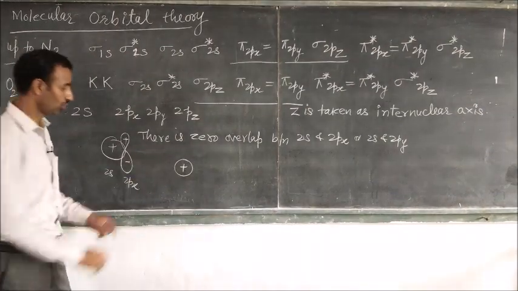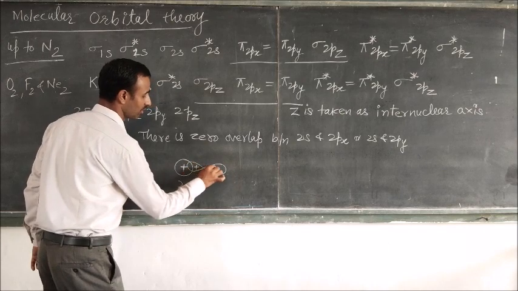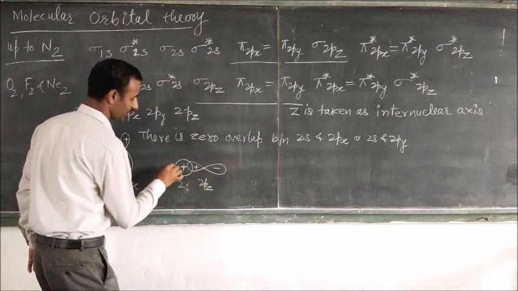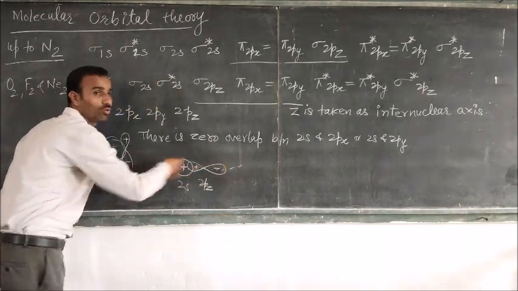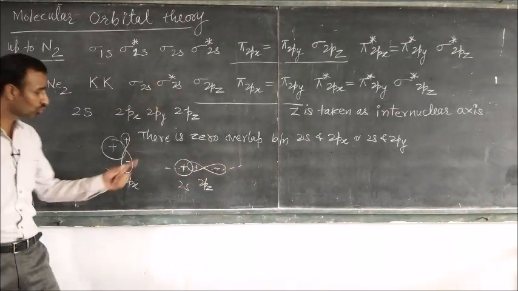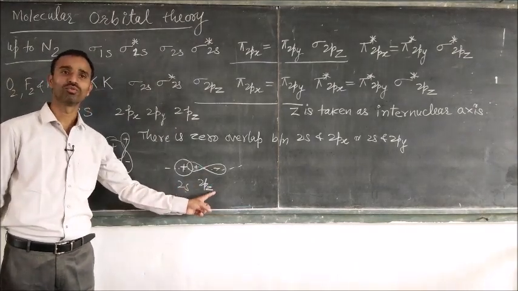But if we use 2s and 2pz, see, this is the z axis and this is the internuclear axis. So 2s can effectively overlap with 2pz.